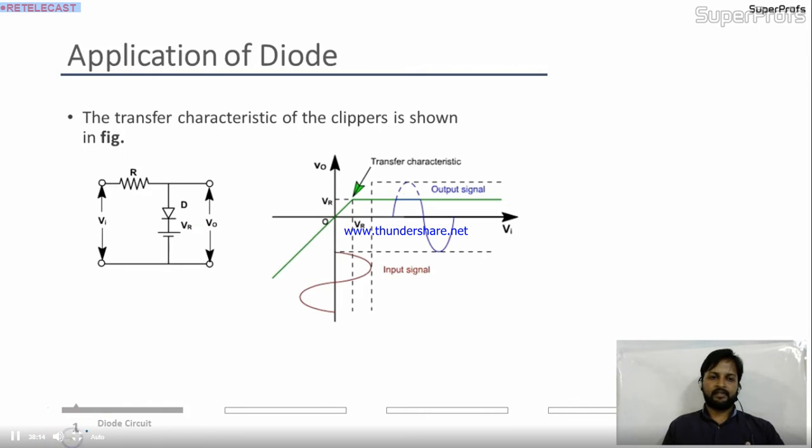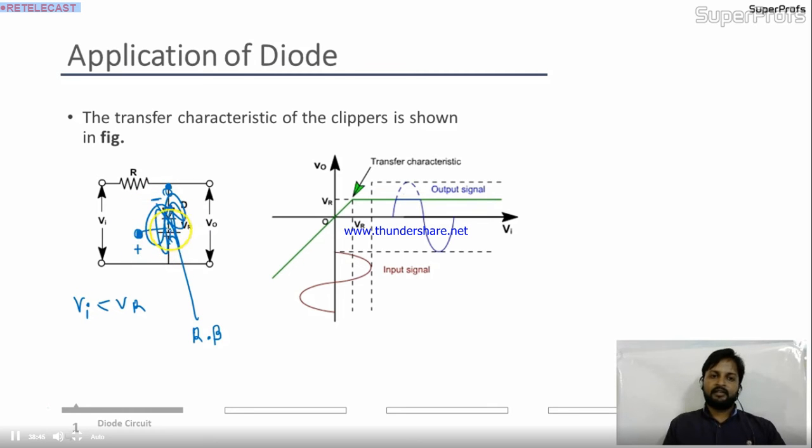Let's see why. The first condition is Vi less than VR. Now tell me friends, if VR is greater than Vi, the potential at the negative terminal is higher than at the positive terminal. What is the state of the diode in this case? It will be in reverse bias. Reverse bias means you can open it. It is useless in the circuit.